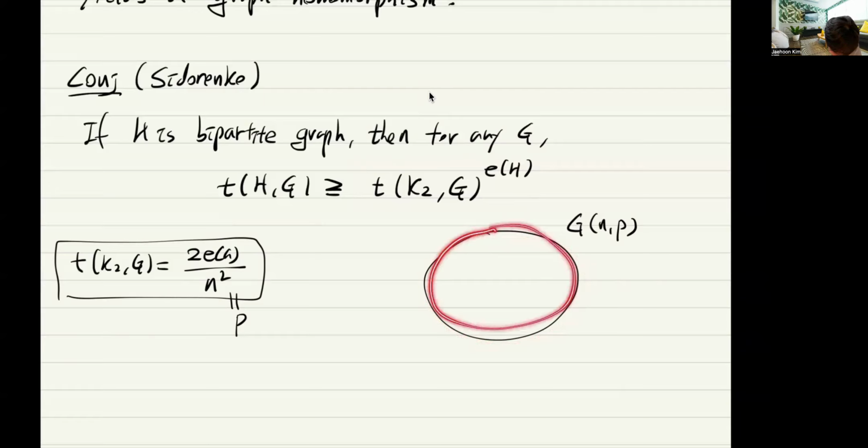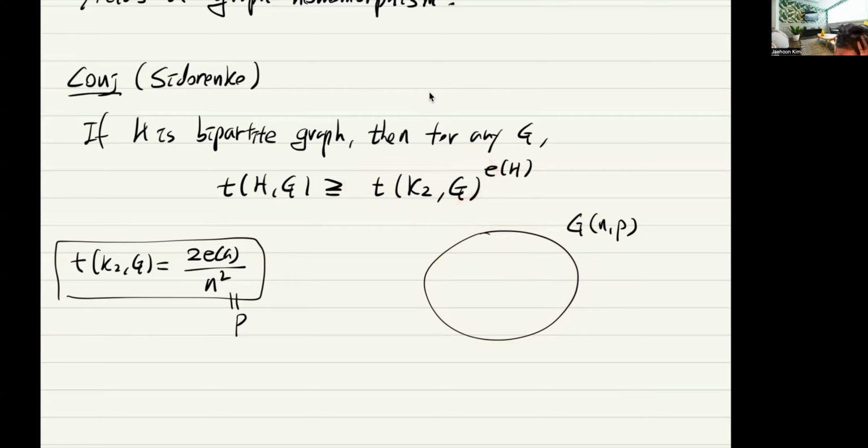And you can consider the expected density, the expected number of homomorphic copies of K2, then you would get this number.